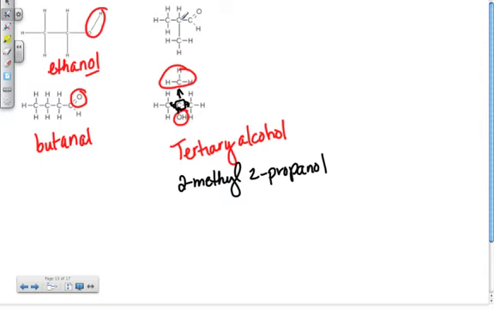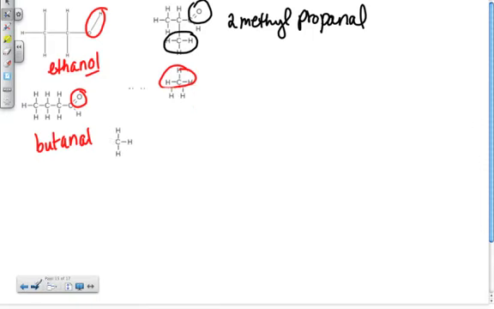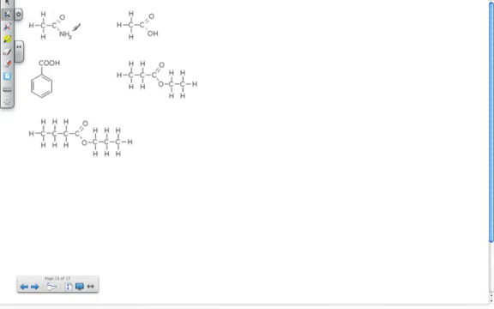And on the one up here, we have an aldehyde also with a methyl group. So this is going to be 2-methylpropanal. Okay.